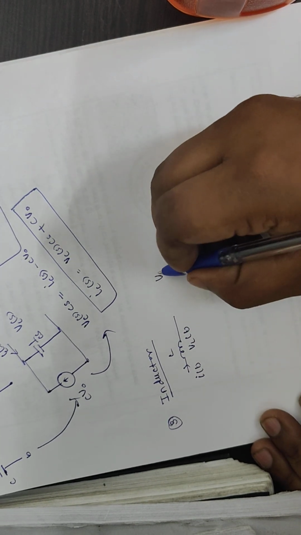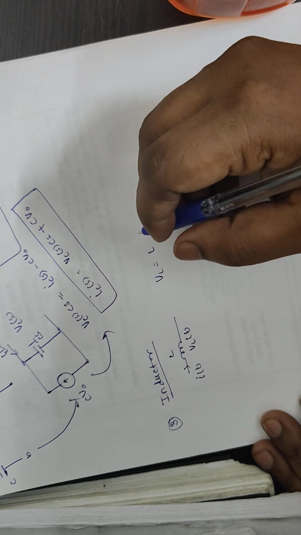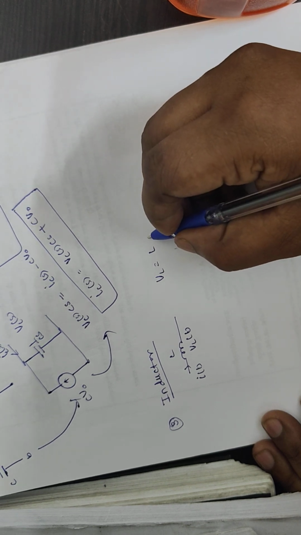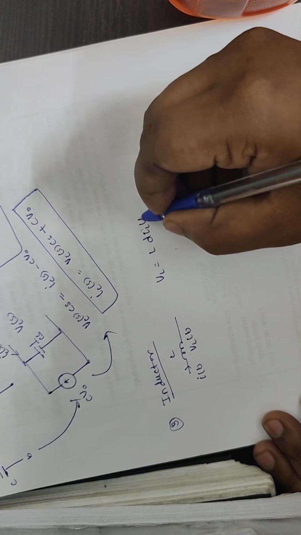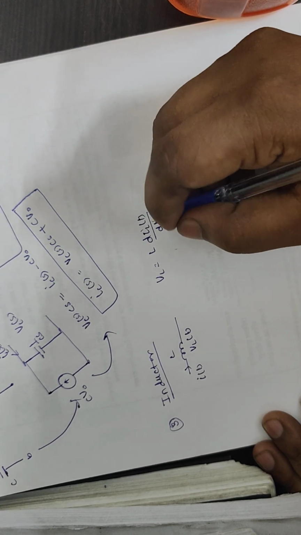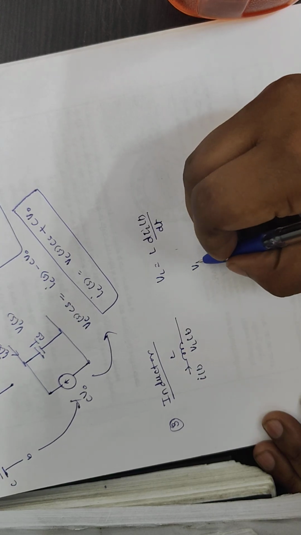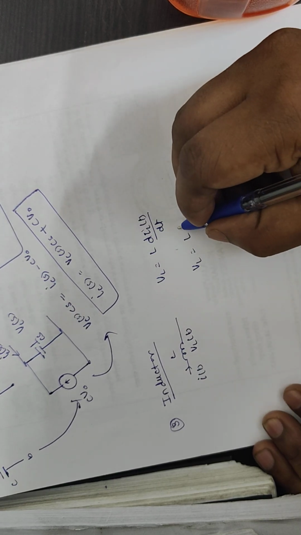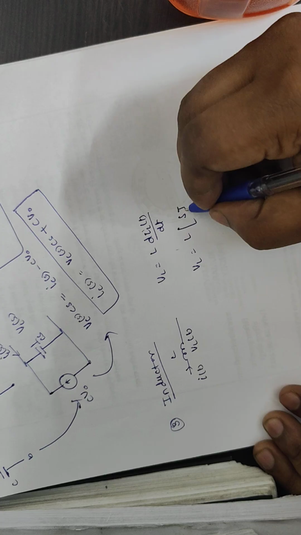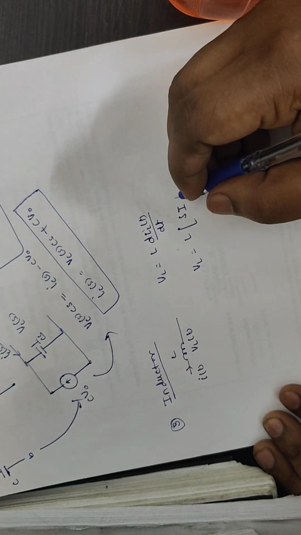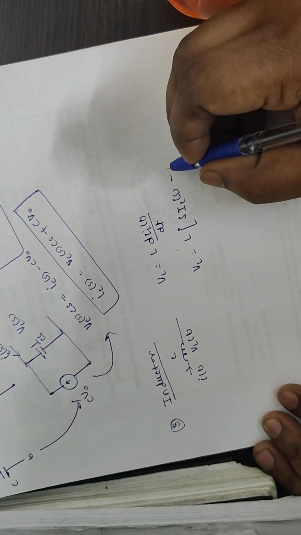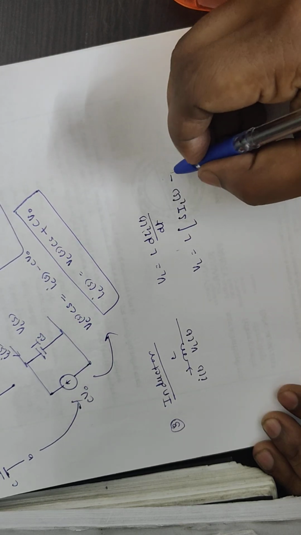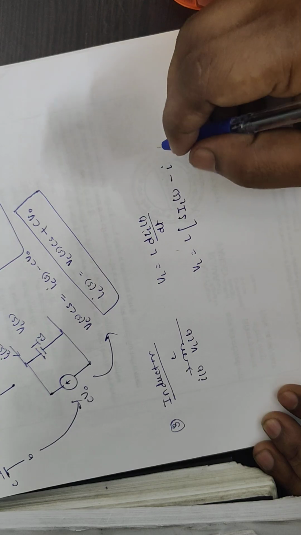So V(L) equals L d I(L) of t by dt, so V(L) equals L in the bracket of S into I(L) of S minus I(L) at zero.